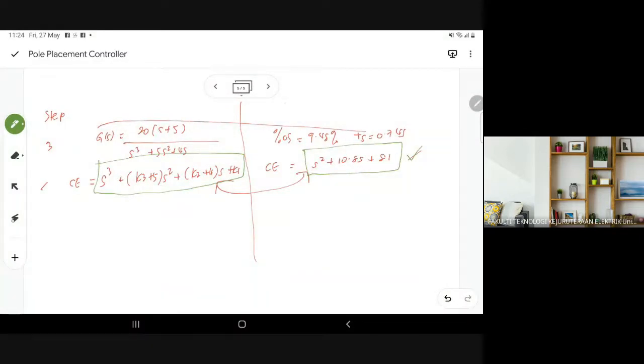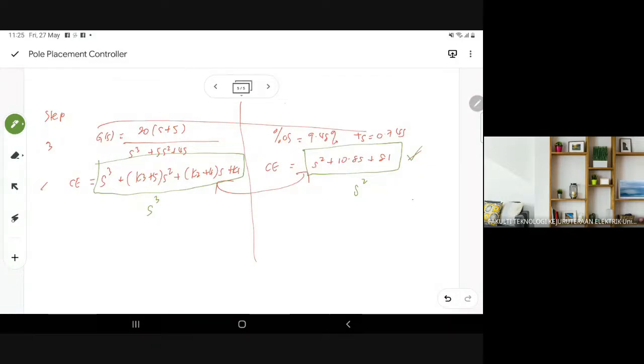So anyone would like to tell me why these two characteristic equations cannot be compared? Different order of system. Yes, because of the different order of the system. This is a third order system, and this is a second order system. You can only compare systems with the same order.